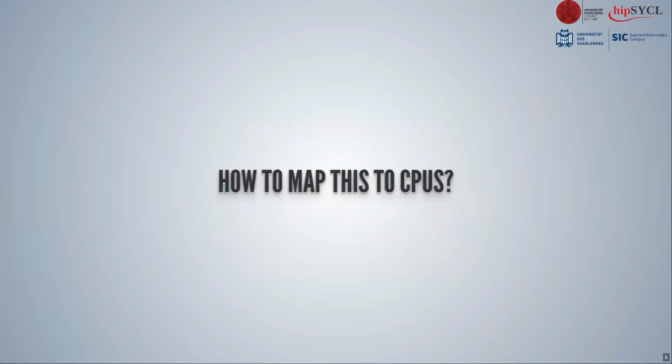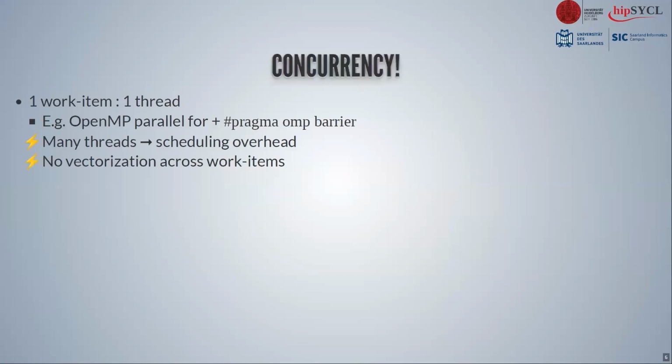So how do you do this on CPUs? As I said, we have 2 library-only ways to do this. Library-only in this case usually means that we just throw concurrency at the problem. One way to do it is just use 1 thread per work item. So if we have a work group of 256 work items, we will need 256 threads as well.